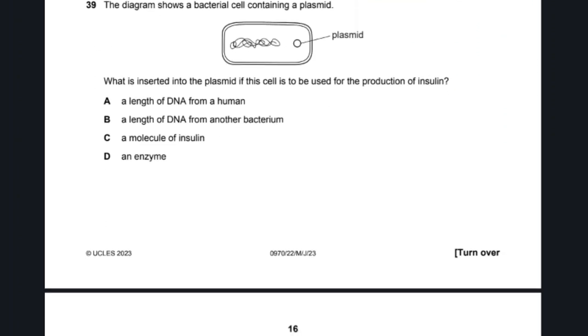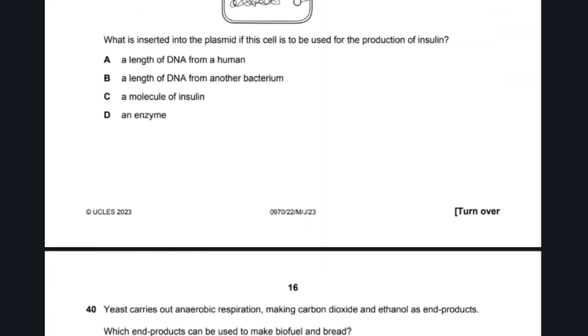The diagram shows a bacterial cell containing a plasmid. What is inserted into the plasmid? We know the insulin production method: we have a human cell, and its DNA is taken, and we have the bacterial plasmid.